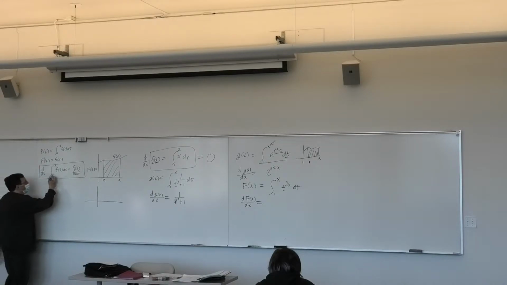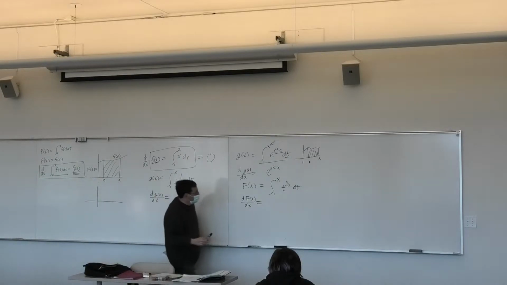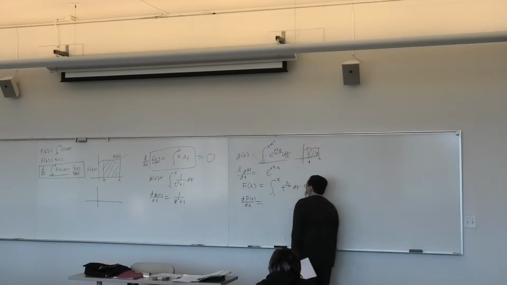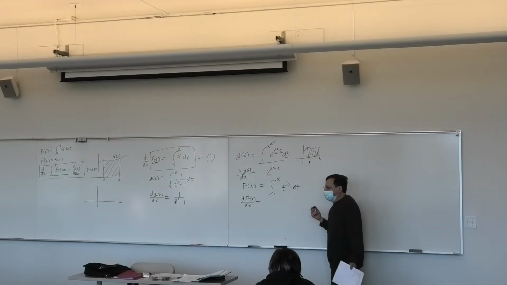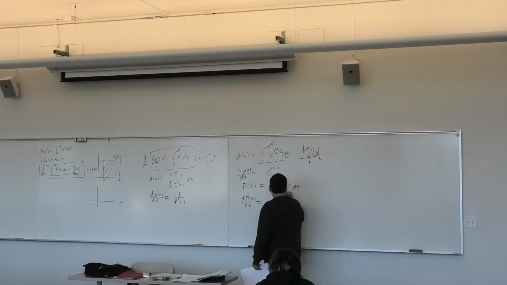We get this by finding an antiderivative, but if we find the derivative of this area function, we just get back our function. So the t goes away. Oh yes, x, theorem. Excellent. Okay.